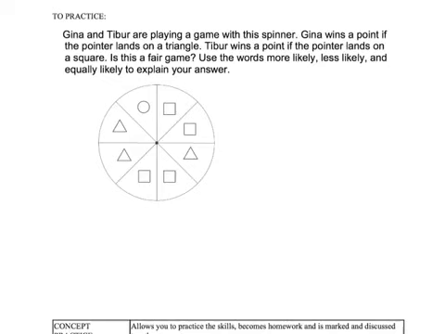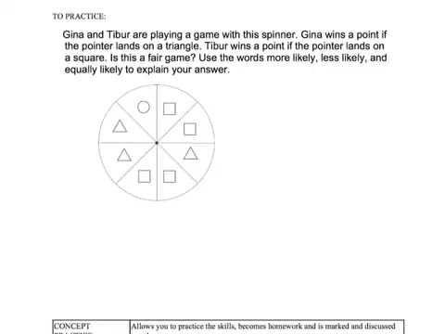Alright, so let's take a look. What have we got? Well, we've got equally sized sections. There are 8 sections altogether. What are our possible outcomes? Well, we could land on a square, we could land on a triangle, or we could land on a circle. So there are 3 possible outcomes, which is more likely and which is less likely.